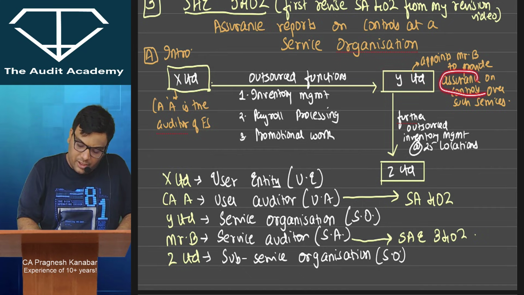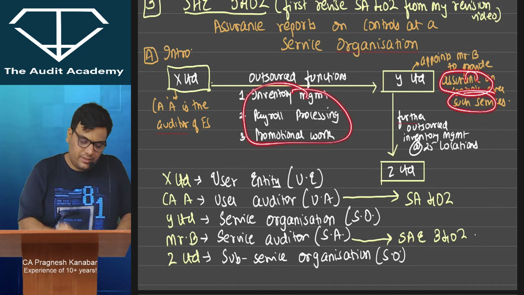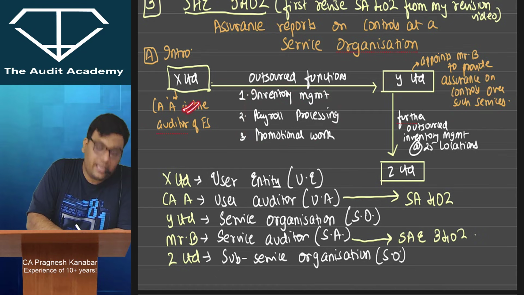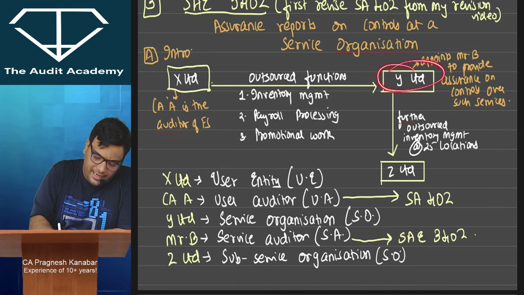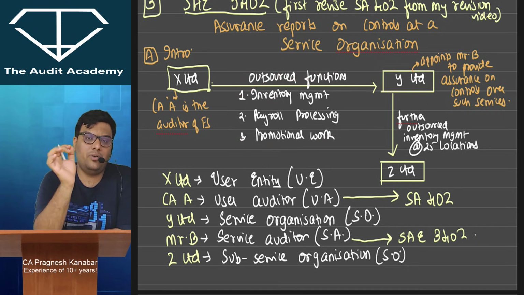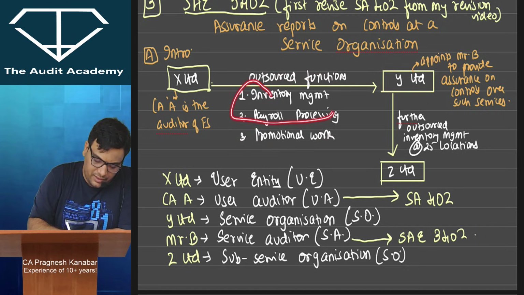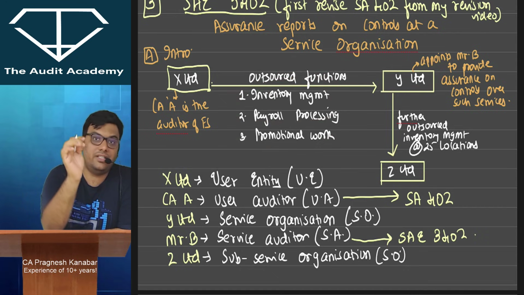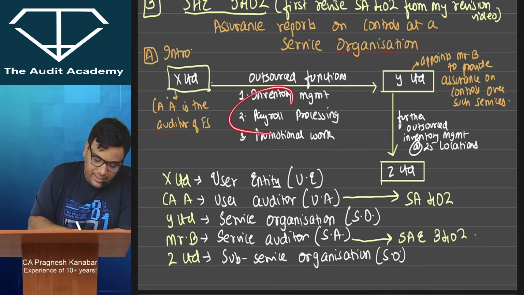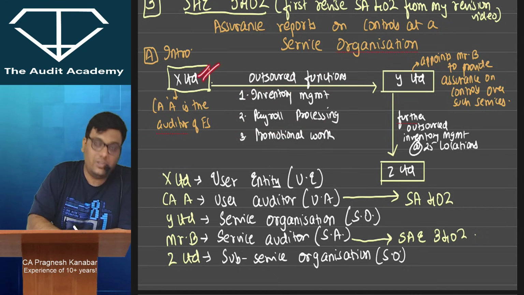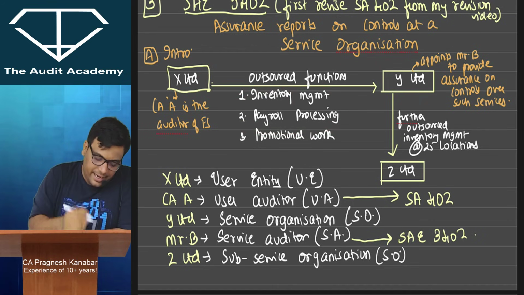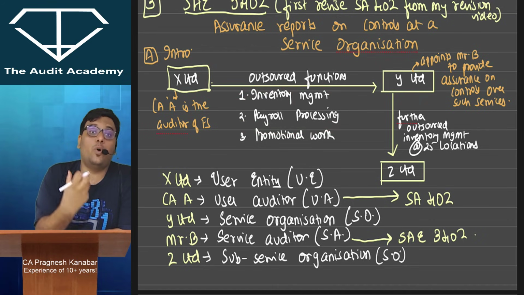He will provide assurance on controls over such services. See, please understand that CAA will be worried whether Y Limited is providing these services in a proper manner to X Limited or not, especially for these services because if Y Limited does not provide these services properly, it can impact the financial statements of X Limited.